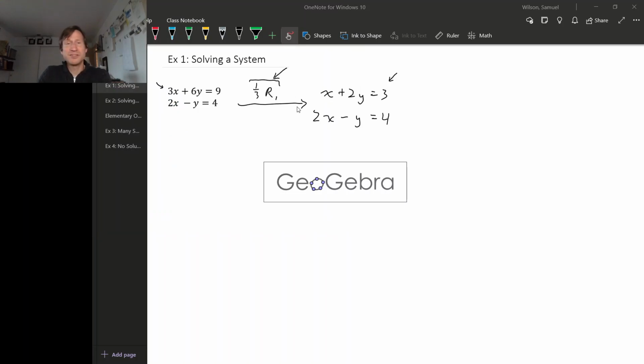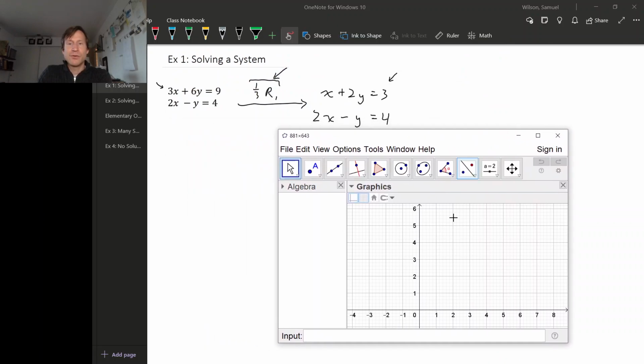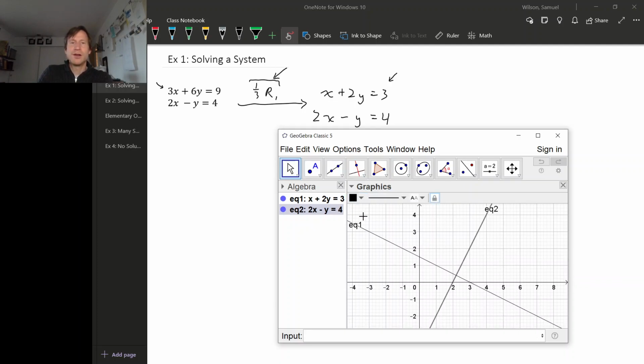I'm going to use GeoGebra just because I have it handy. So we started out with the system 3x plus 6y equals 9 and 2x minus y equals 4. Okay. And I made no special arrangement for this equation to describe parallel lines or anything, so as usual we get one solution at whatever this intersection point is.